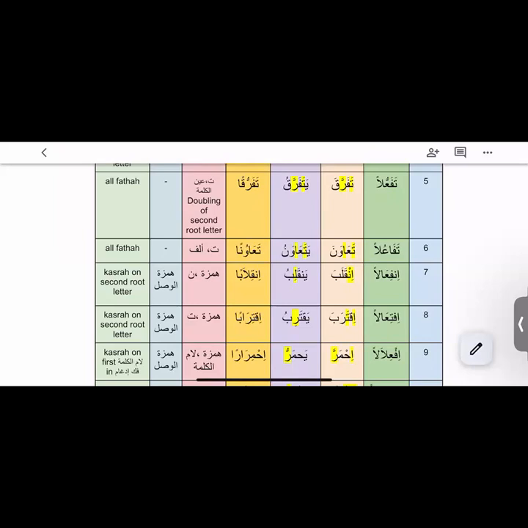So in mudari', you do see a kasra, and we are talking about mudari'. When we say fataha families, they were called fataha families based on the fathas in their fi'l mudari', or fi'l amr, or fi'l nahi, or fi'l madi. It was basically fi'l mudari' that was fathaified, with lots of fathas, from where the name fataha was derived for these families.